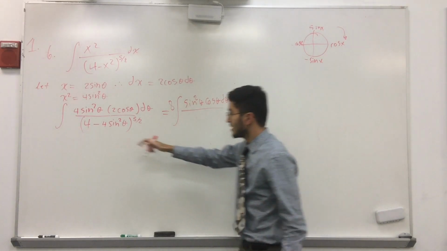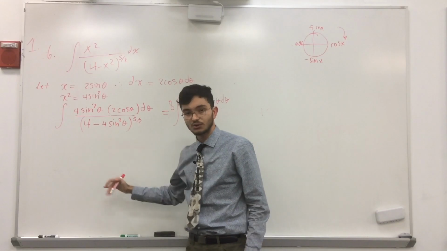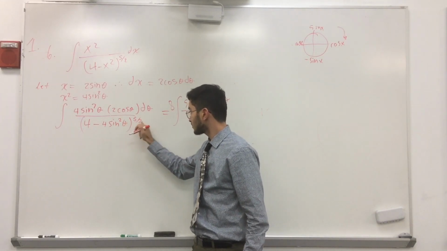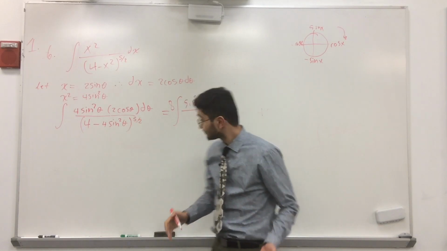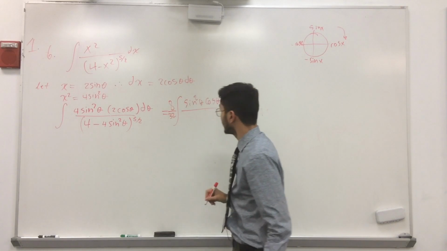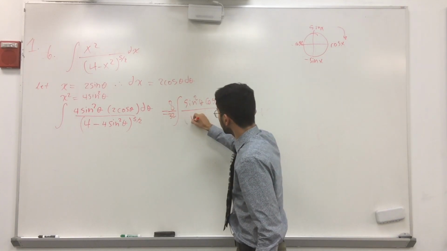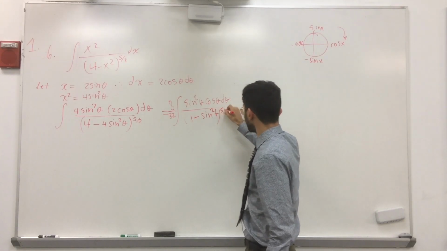All of that divided by, factor out a 4, raise it to the power of 5/2. The square root of 4 is 2, and 2 to the power of 5 is going to be 32. So we have 32 over here. And then we're going to have 1 minus sine squared theta to the power of 5/2.